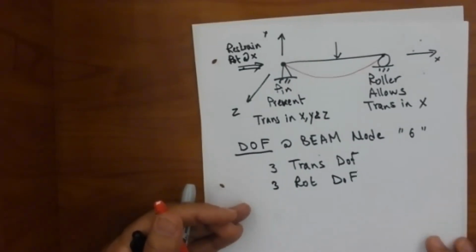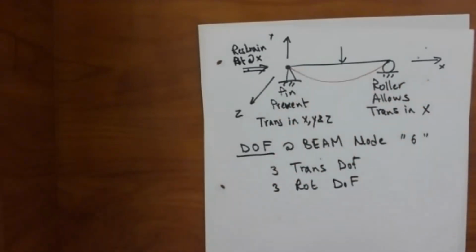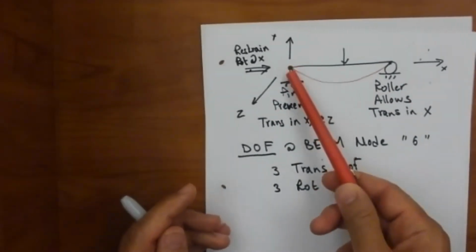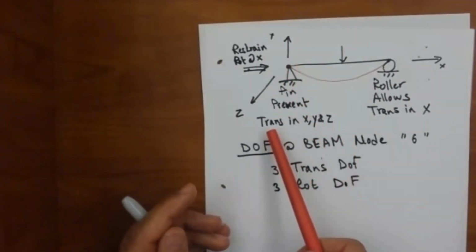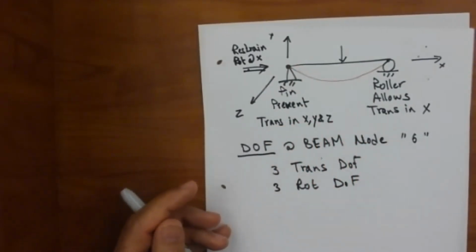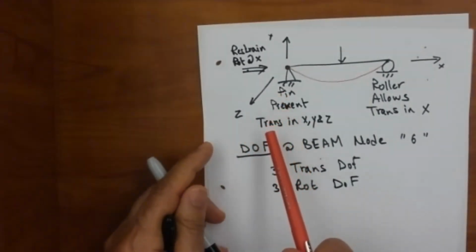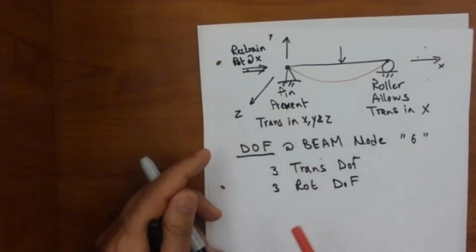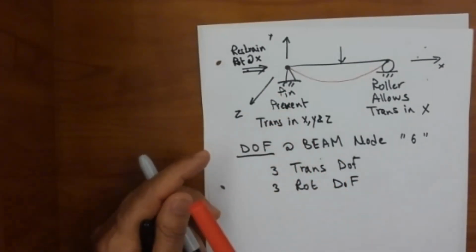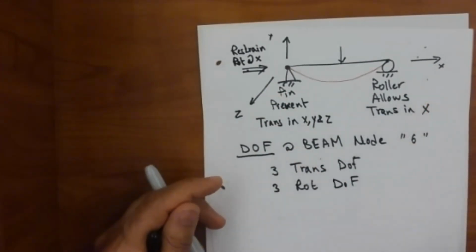Having said that, let's also look carefully at this beam. When I'm working in 3D and I put a pin here, I'm going to prevent translation in X, Y, and Z, but I'm allowing all the rotations. So this pin prevents the translation only, but it allows rotation about X, about Y, and about Z. Likewise, the roller would do the same.